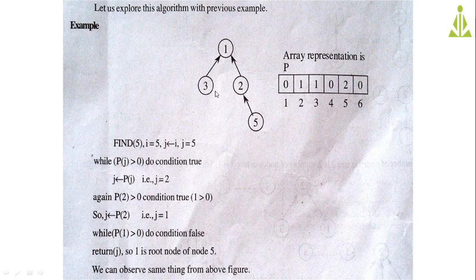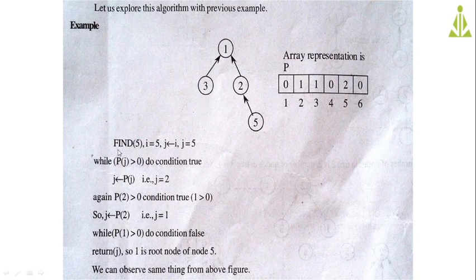We will take the same example we used for the union. In the union we got the answer 0 1 1 0 2 0. We will take the same array representation to find the element.